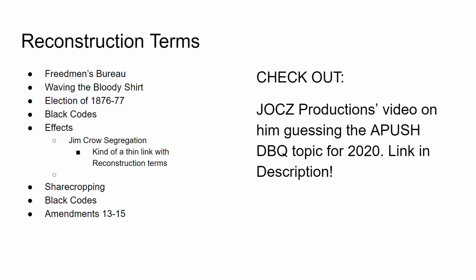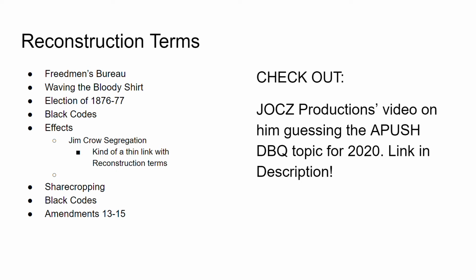Only the first two are going to be even possibly relevant to this year, because the Ford and Nixon corrupt bargain is not going to be on the 2020 DBQ, because period 8 is out.